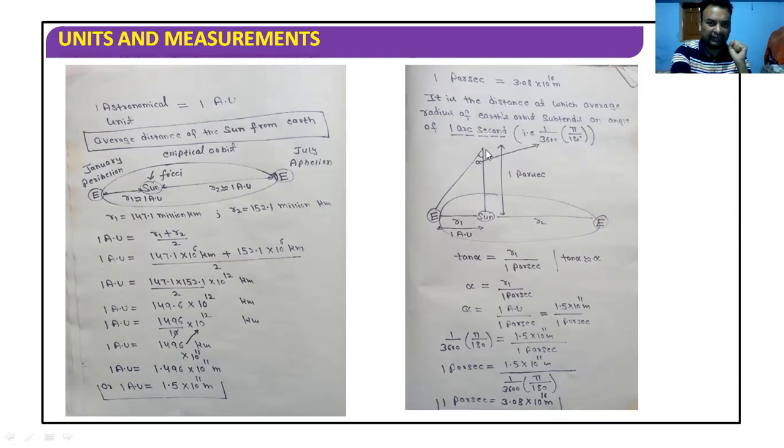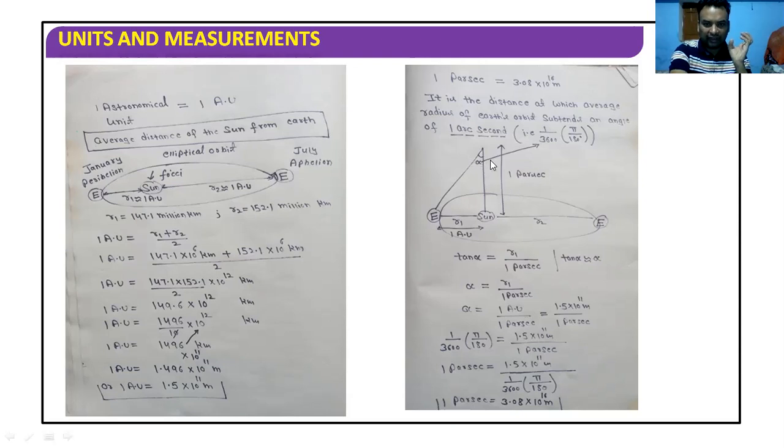This angle will decide this height. The angle is fixed, and this 1 astronomical unit is also fixed. So we will fix this angle, which is 1 arc second. It is a very small angle, so we will get this height. This perpendicular, vertical distance will be 1 parsec.